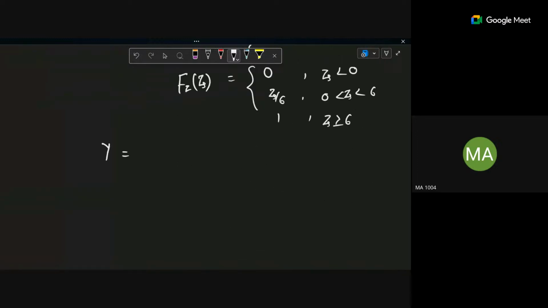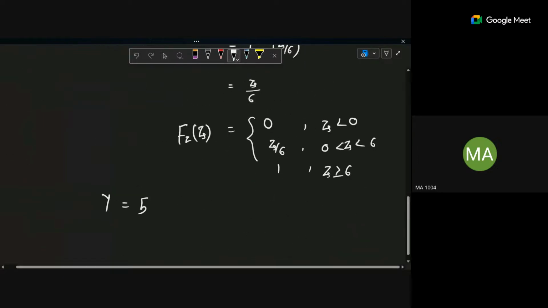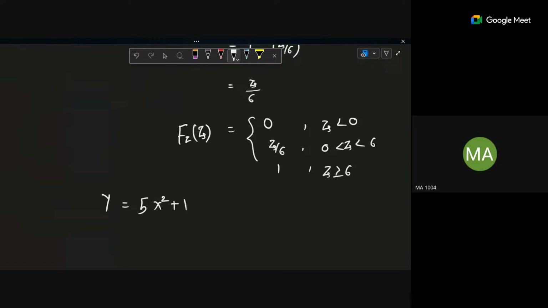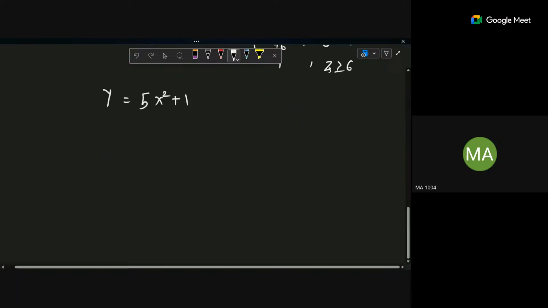Okay, let's try to find this: y is equal to 5x squared plus 1. If there are square or cube types of terms, at that time try to check whether your function is monotonic or not. Why am I saying that?